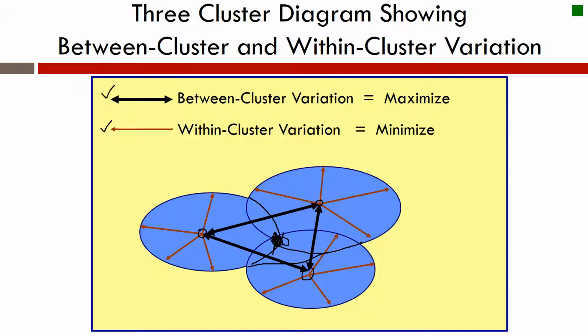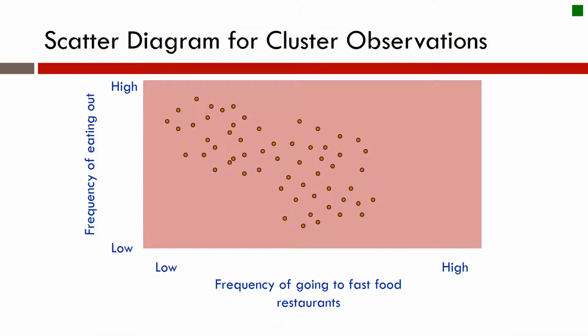We want to avoid as much of that overlap as possible, because respondents who fall in these overlapped areas could be confused in regards to which cluster they should actually be in. So again, the goal here is to minimize internal variance and maximize external variance when we consider our clusters.